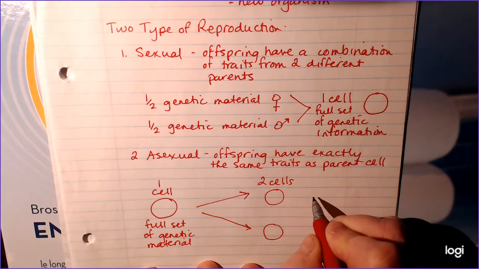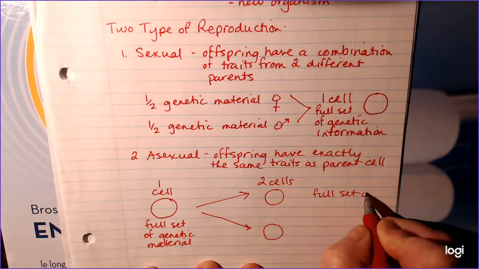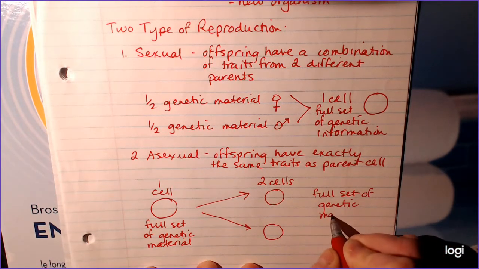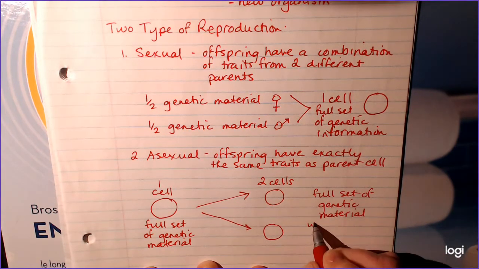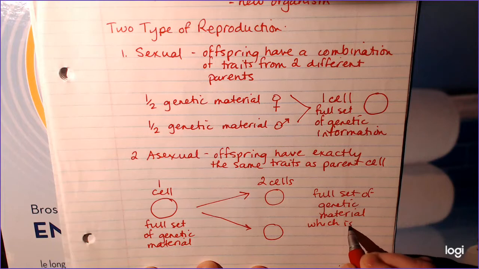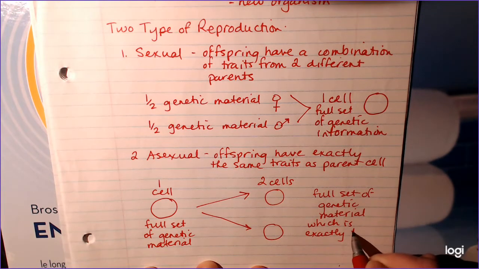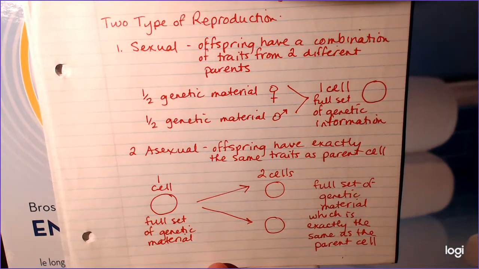So we've got two cells that have a full set of genetic material, which is exactly the same as the parent cell. Okay?